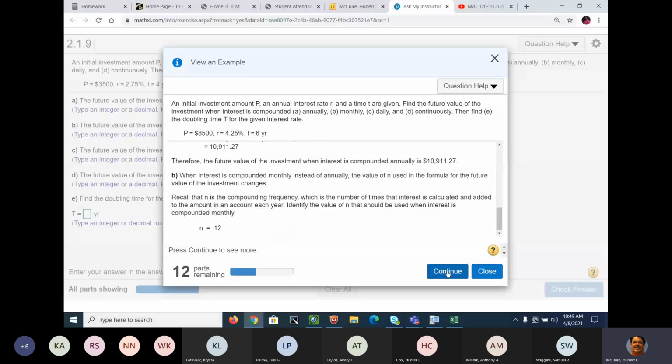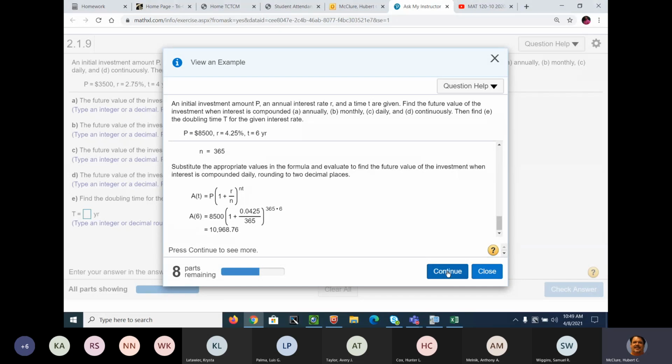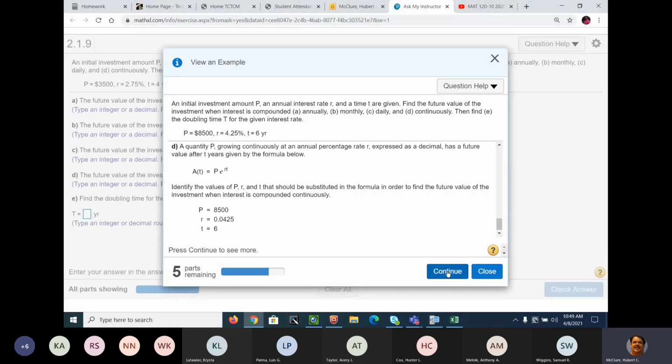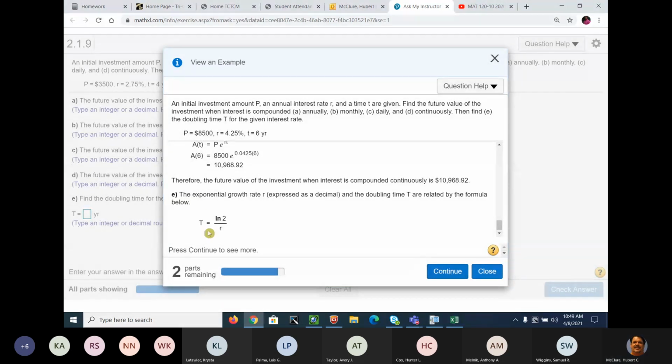The way they do that is by using the natural log of 2 over R. That's the formula, so you might want to write that down.